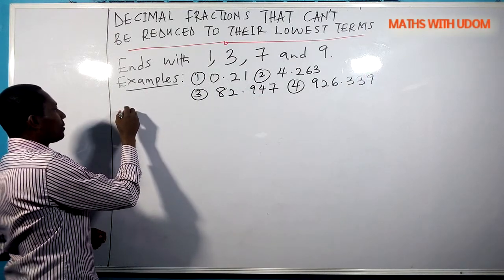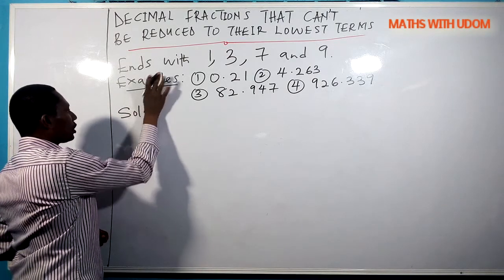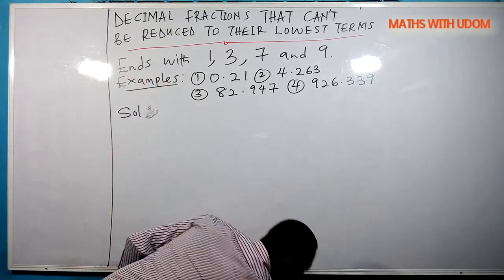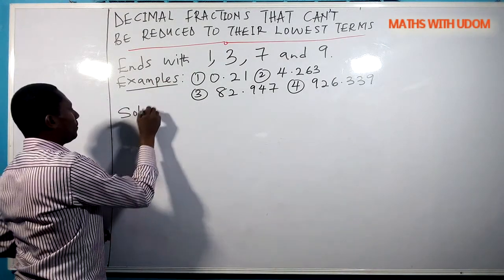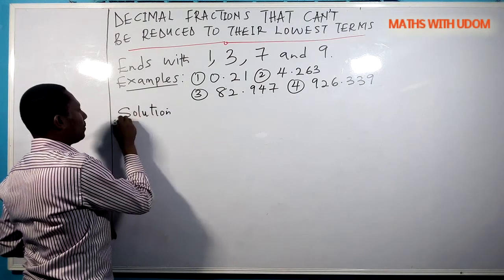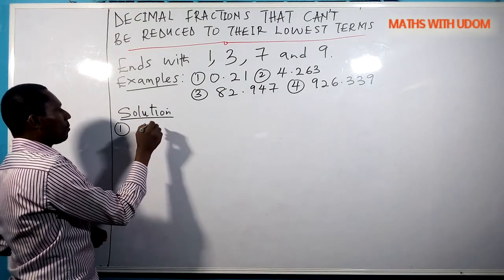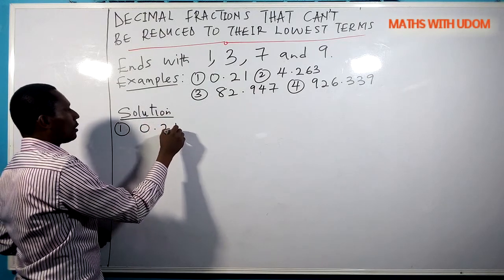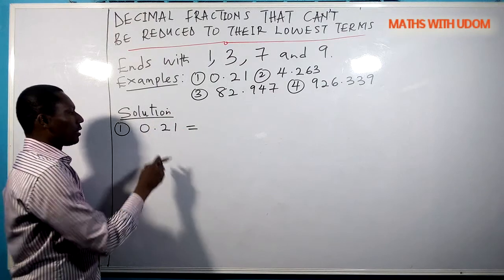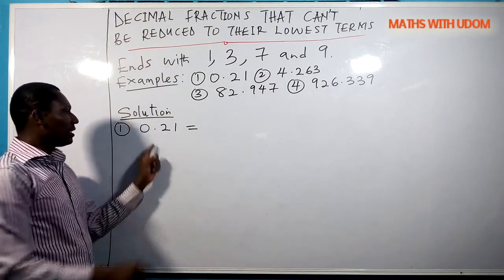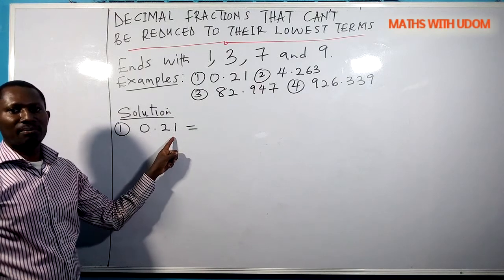Solution. Number 1, we have 0.21. If you want to rewrite this, 0 is the characteristic, while 21 is the mantissa.